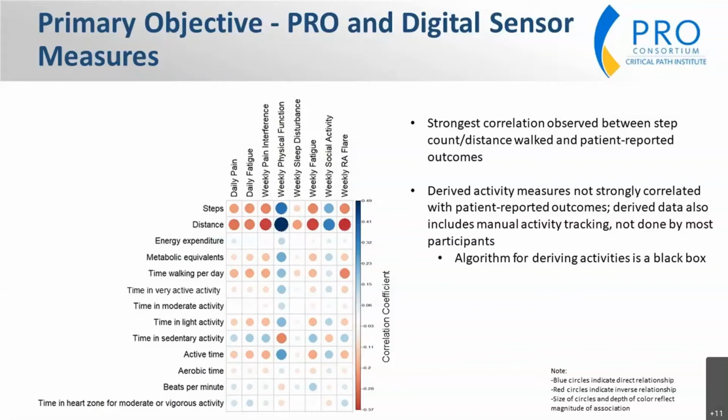And as Bill mentioned before this, given that this is a commercial grade device, despite the fact that we had access to what is supposedly the raw data on Fitabase for the analysis, much of the algorithm for deriving the activity measures is still a black box, which of course is a limitation for those who want to use such devices in clinical studies.